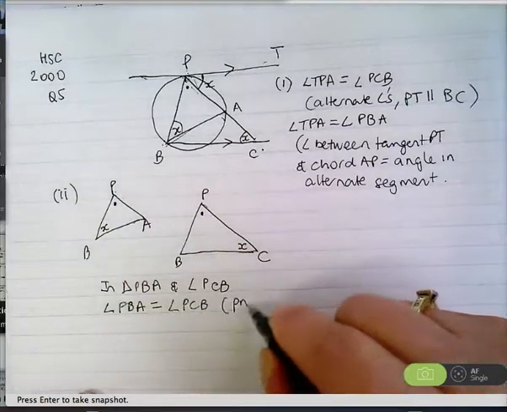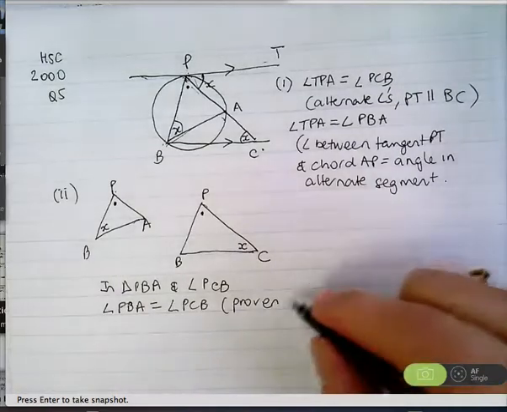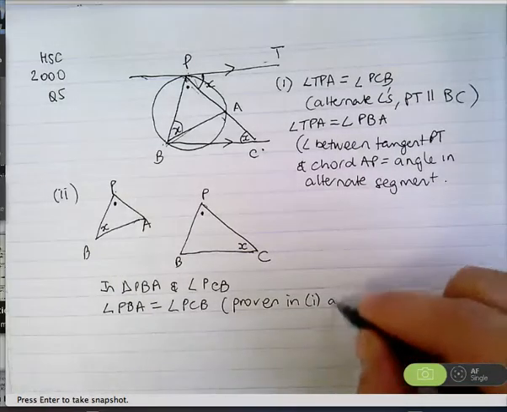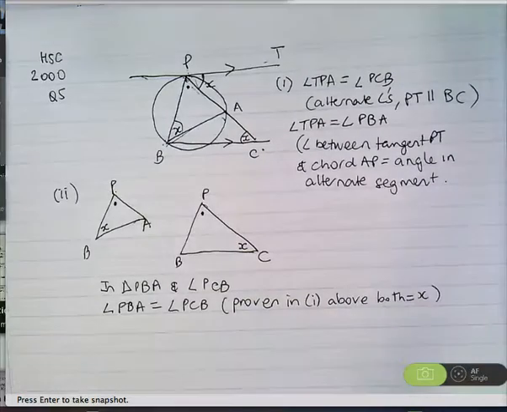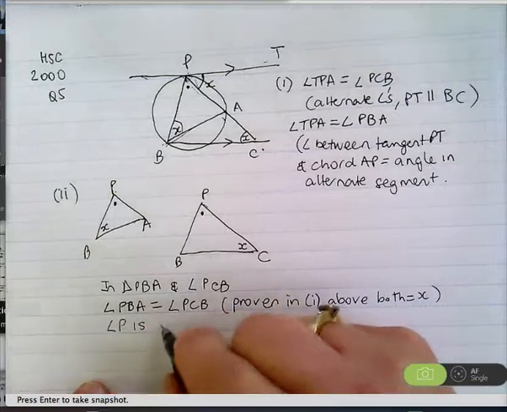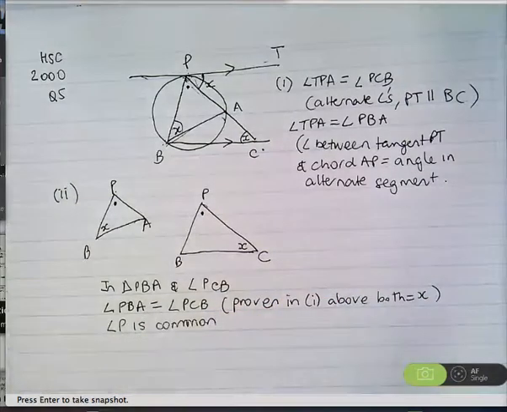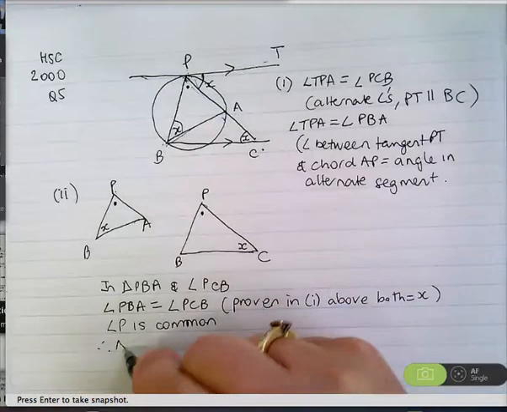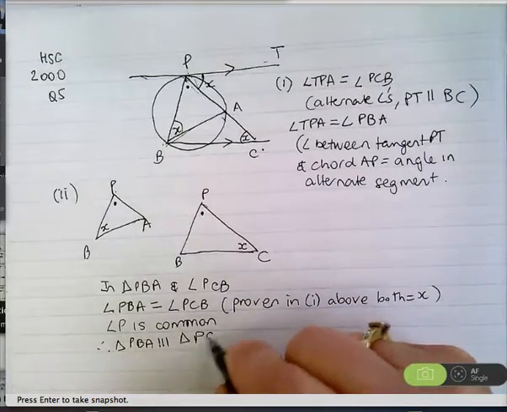It was proven in part 1 above, and both are equal to X. The other thing is that angle P is common, and so therefore, triangle PBA is similar to triangle PCB.